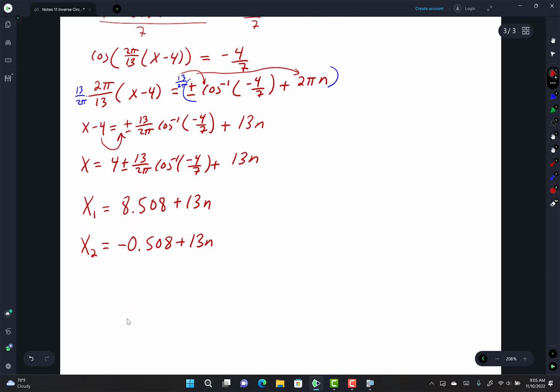So I'm going to write x equals. I'm going to leave some space because I can see that I'm missing one. The very first one I hit from these two is the negative 0.508, comma. The next one that I hit from those two is the positive one, 8.508, comma. The next one comes from the negative 0.508 plus 13.